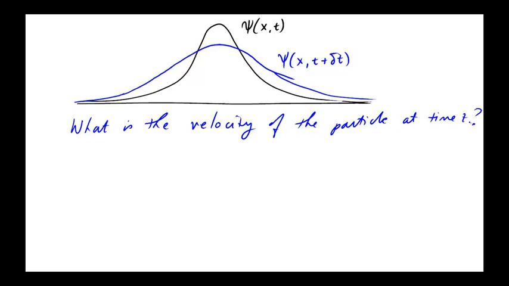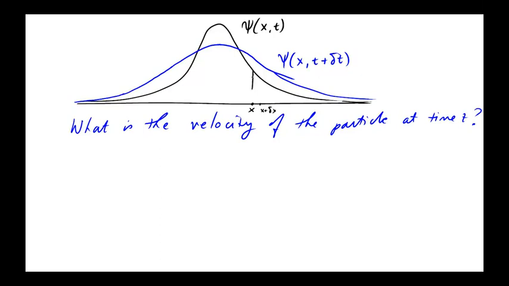Okay, so let's see how you would answer this question. Suppose that you did a measurement of this particle at time t, and you asked, what is the chance that I'll find the particle at point x? Well, remember, this is a continuous function, like continuous probability distributions. The chance of finding it at exactly x is 0. So you really want to ask, what's the chance that I find it in a tiny interval between x and x plus delta x?